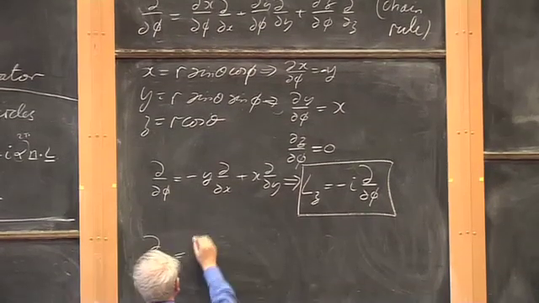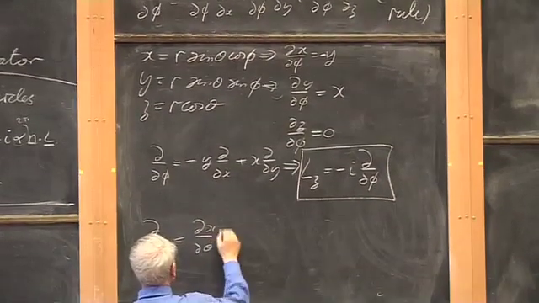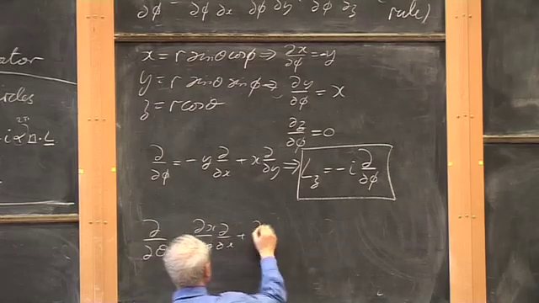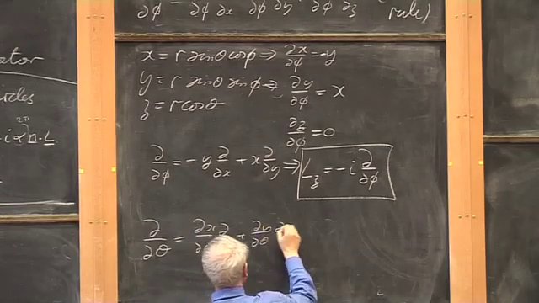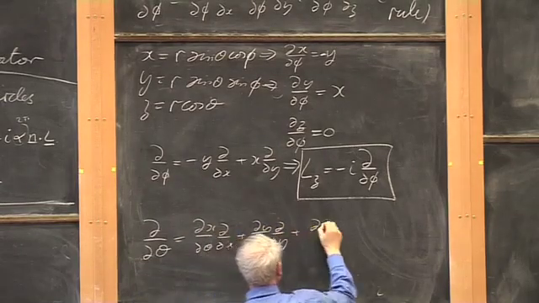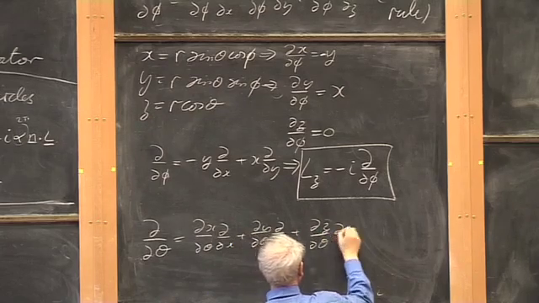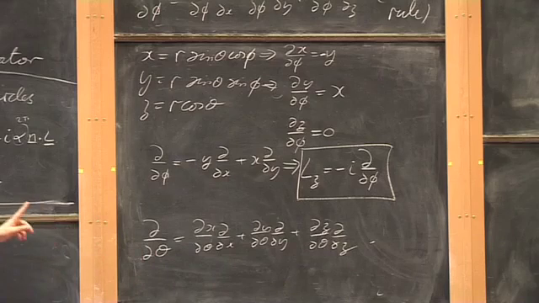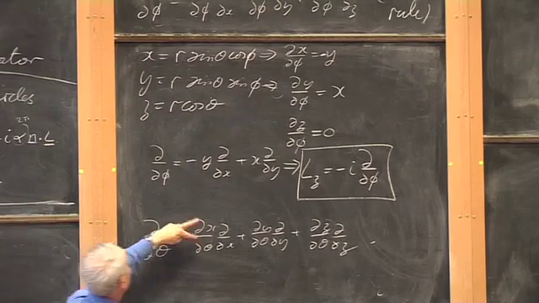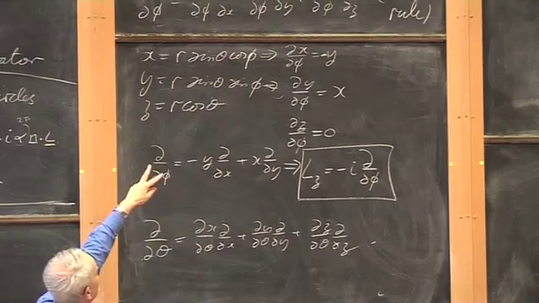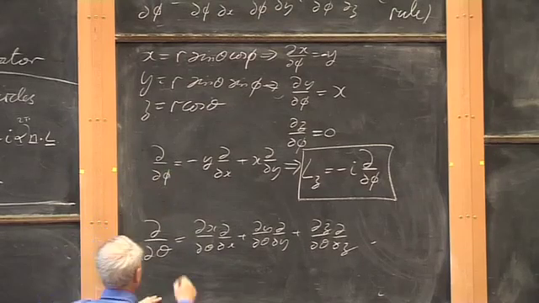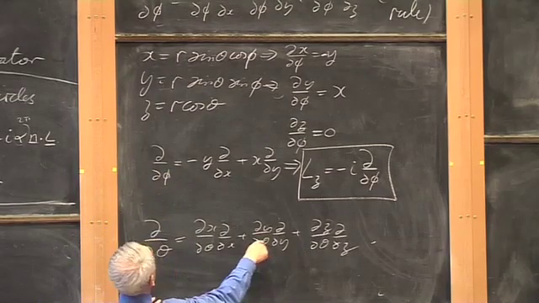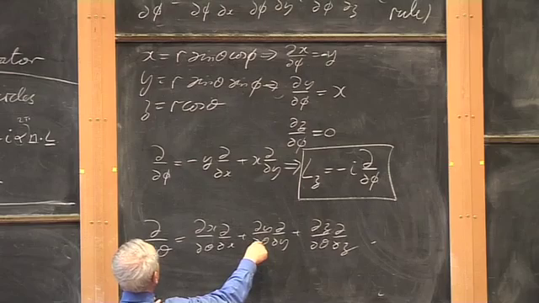It's obviously dx by d theta d by dx plus dy by d theta d by dy plus dz by d theta d by dz. Okay, we have expressions up there. So dx by d theta is going to produce us an r cos theta cos phi, and this is going to produce us an r cos theta sin phi.